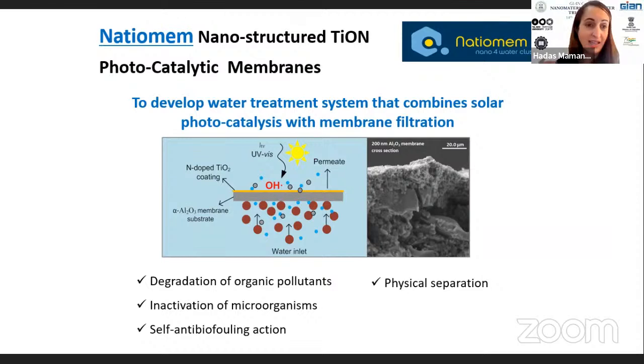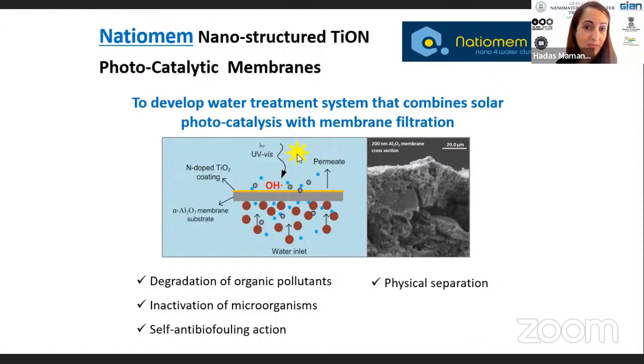So there was nanojet, electrospin, plasma, sol-gel, whatever. Each group took the same ceramic membrane and coated it with a different coating method. All of the groups analyzed the membranes for the coat percentage and all the different analytical measures that were done.